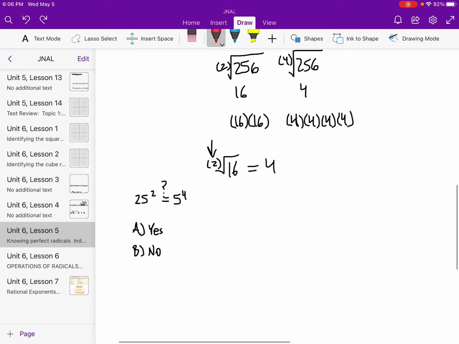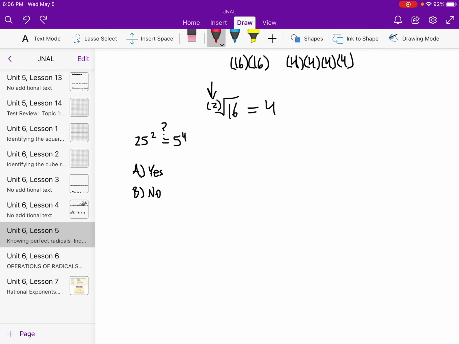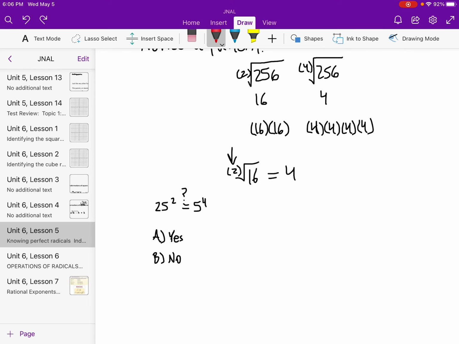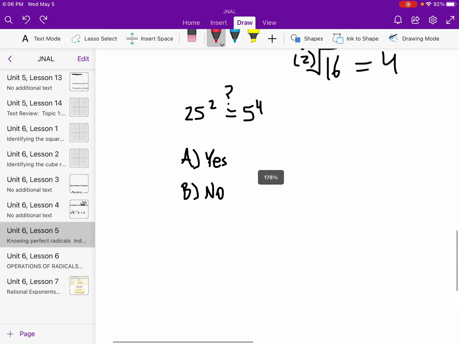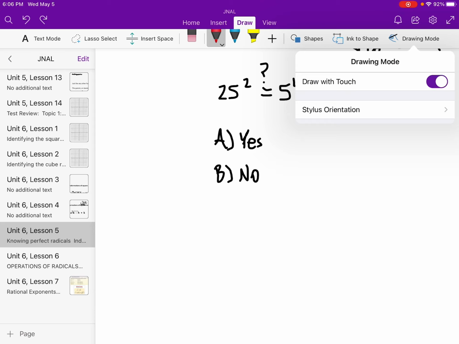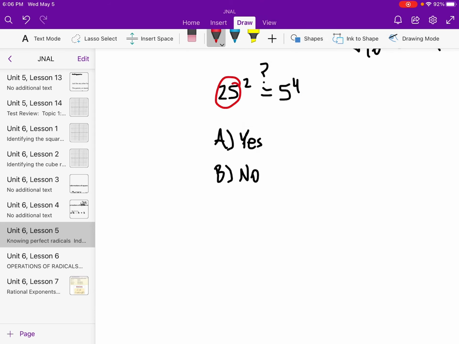And then down here is 25. We know that the square root of 25 is 5, and we know the square root of 4 is 2. Do those equal each other? Well, we can type in the answer, and we would see that that's 625, and that's also 625.